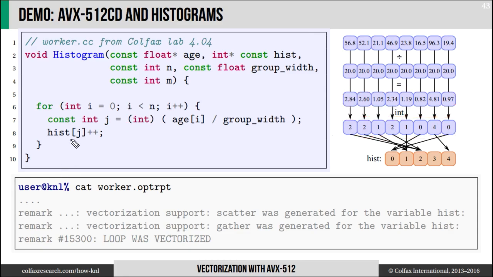But this last step, where I use the group number to go to a certain location in memory and increment the counter there, that one is tricky. Because if in one vector lane I have the value 2, I go to age group number 2, but in the next lane I may have the same exact value. And that's a problem, because I have a conflict.